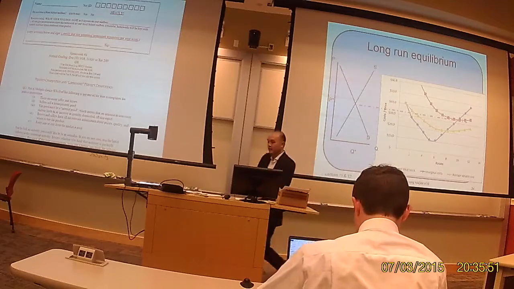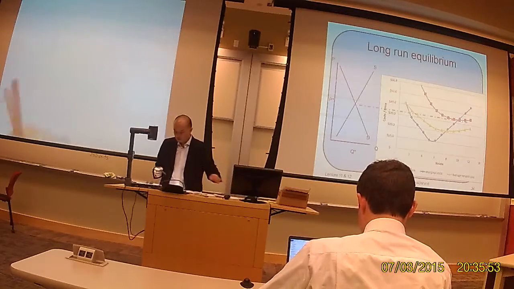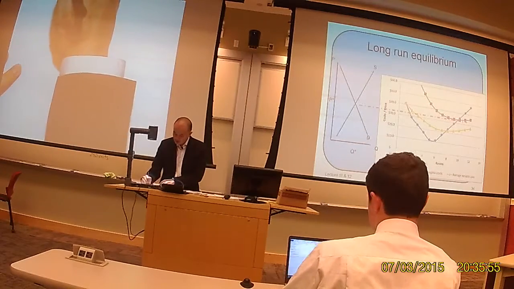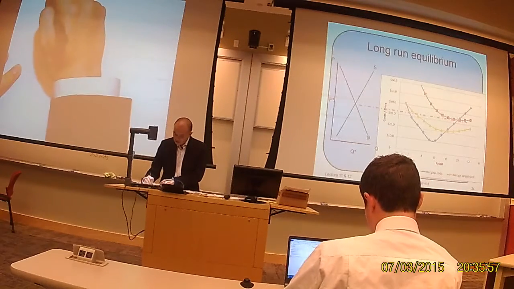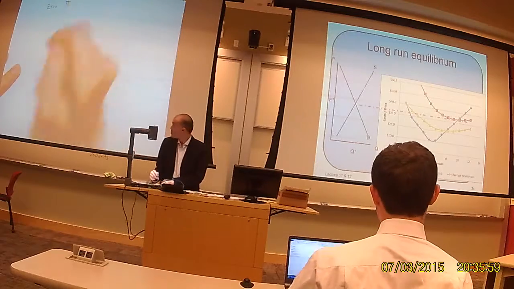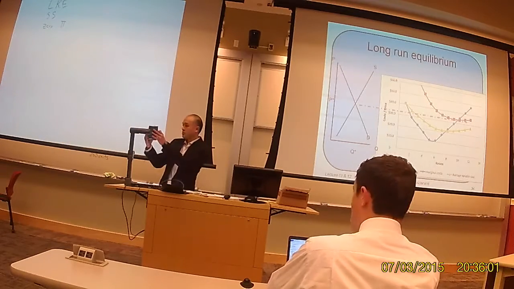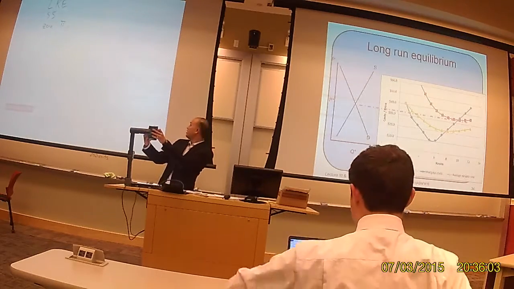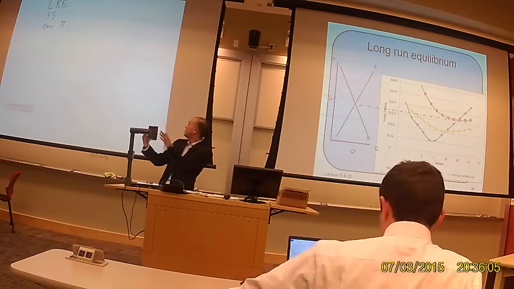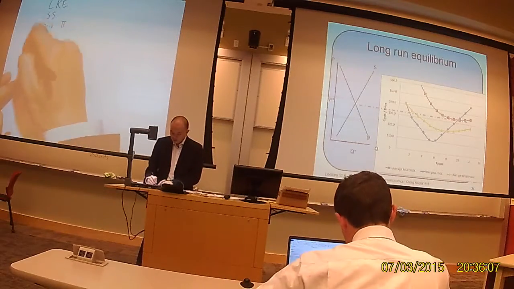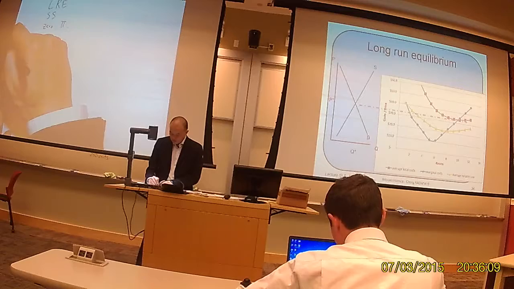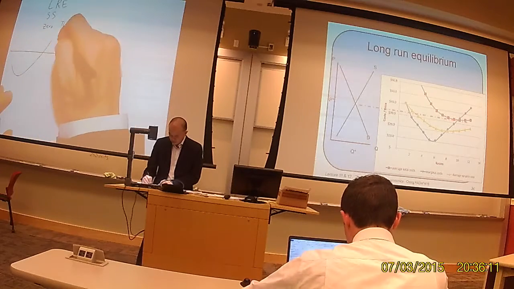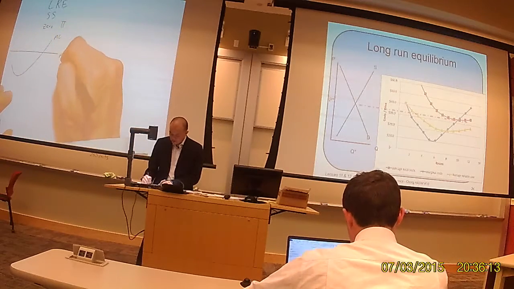Let me just write that down. So long run equilibrium, steady state, 0 profit, is going to be where marginal cost and marginal revenue intersect.